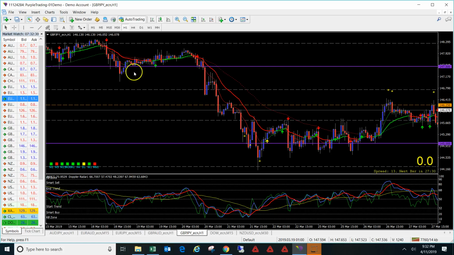But you do have to worry about these key resistance levels, because price can also be rejected at those levels. That's why you have to use the Doppler down here to help you confirm everything. But usually, when they're all squeezed up like this, it's a sign of exhaustion and consolidation.